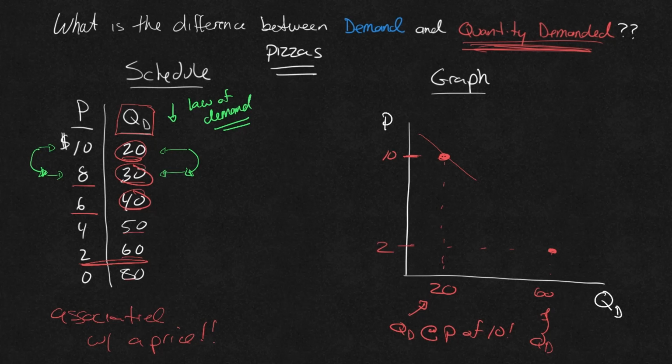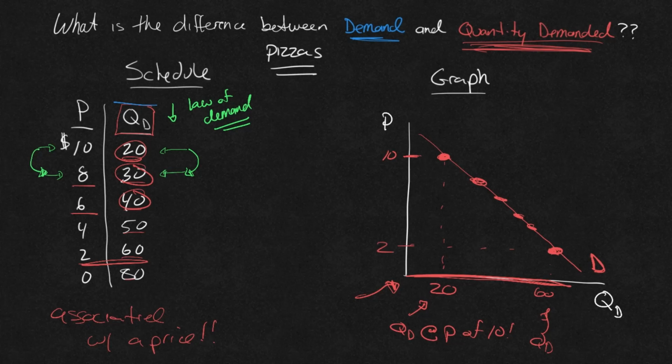So when we create this demand curve that looks something like this, here's my demand curve, we see that each one of these points that's here, here, here, each one of those represents a different quantity demanded that's represented on this X or this horizontal axis. That is quantity demanded. But what about demand as a whole?